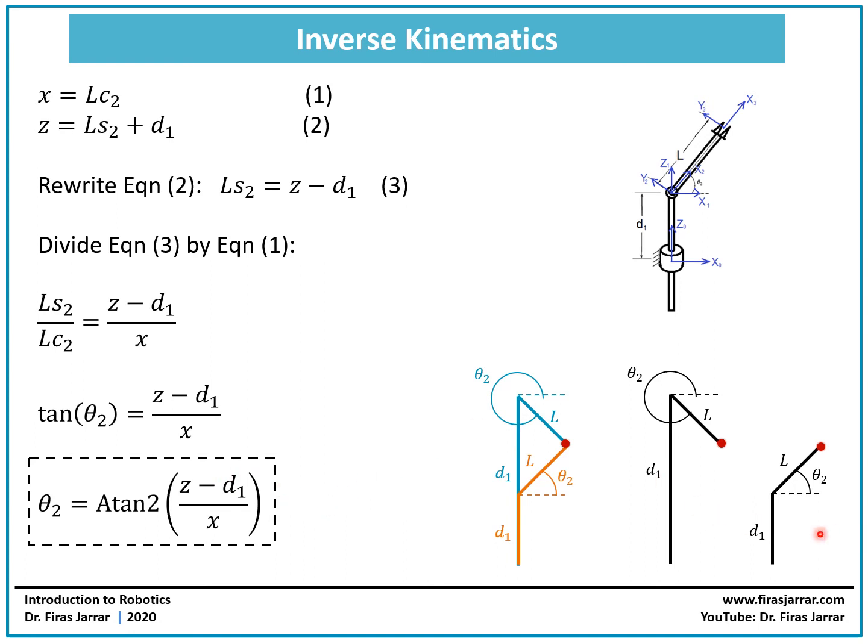You can see that theta 2 depends on d1. So this is the first solution for d1, and there will be a corresponding theta 2, which is in this case in the first quadrant. And for this larger d1, representing the second solution, we'll have another value for theta 2, which in this case is going to be in the fourth quadrant.